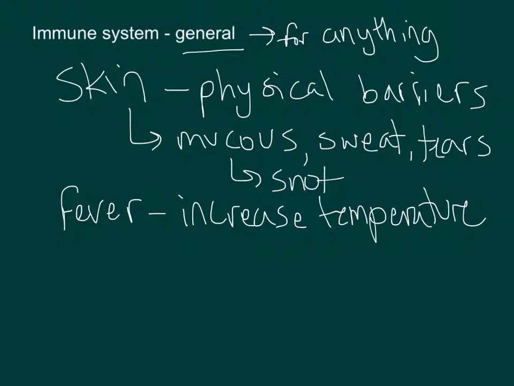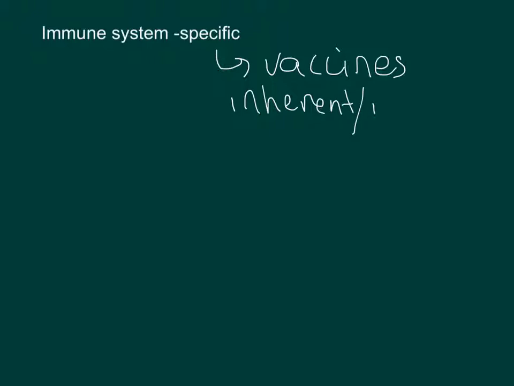This is in contrast to specific immunity. Specific immunity is the idea behind vaccines. It's the idea that you have an inherent internal immune system, and this has a lot to do with memory cells and B cells and T cells.